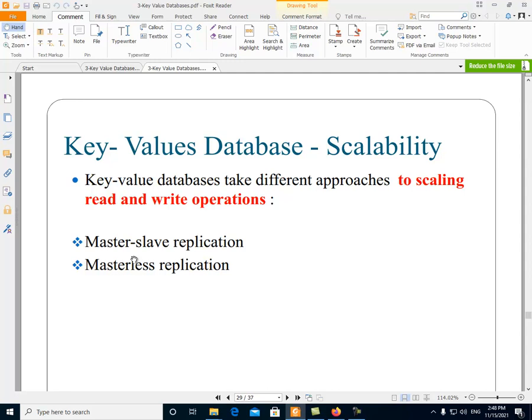The first strategy for replication in the key value database is master-slave replication.